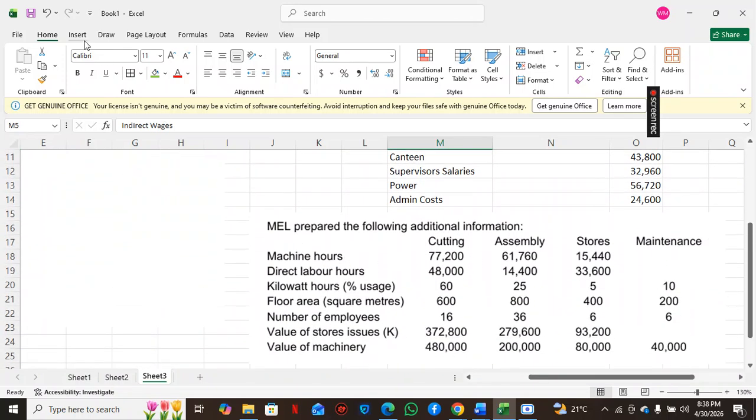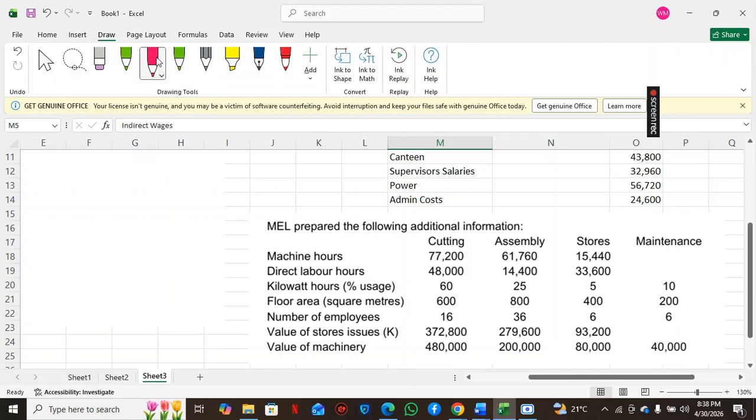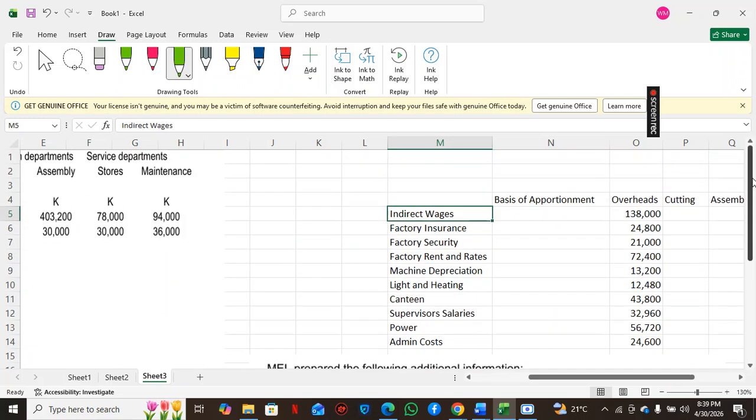Machine hours, since machine hours deal with machines, I don't think it will be a correct basis to share the indirect wages. Direct labor hours, this is for the direct. It doesn't connect that much to the indirect wages.